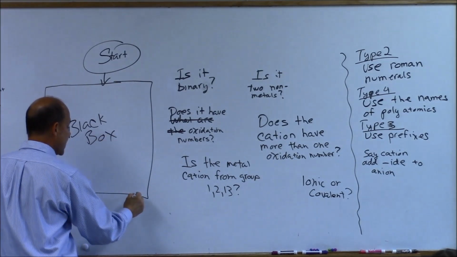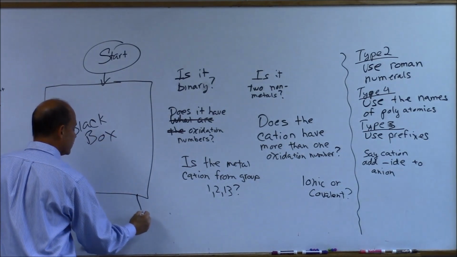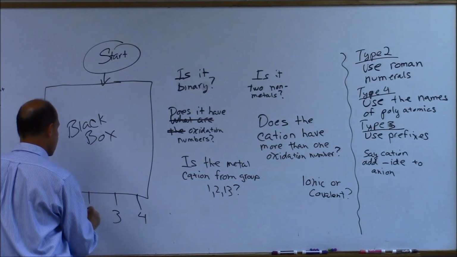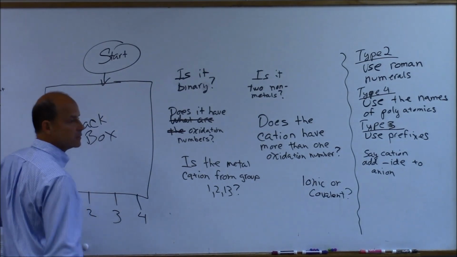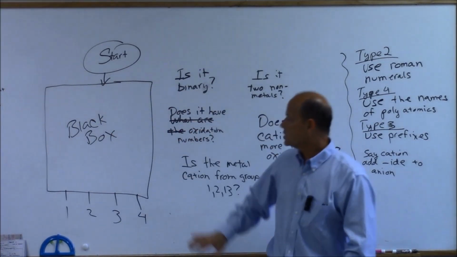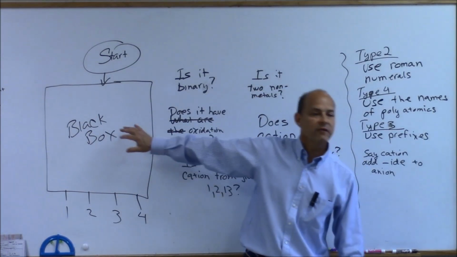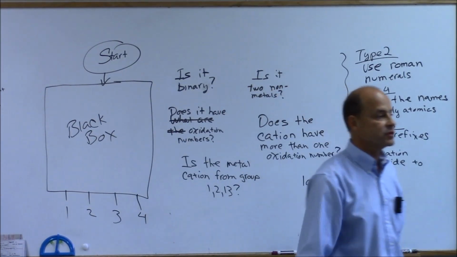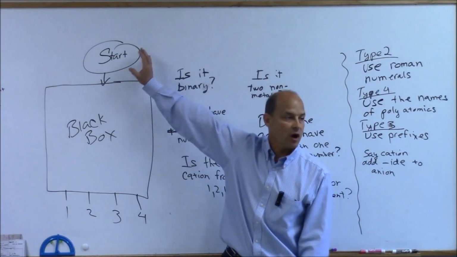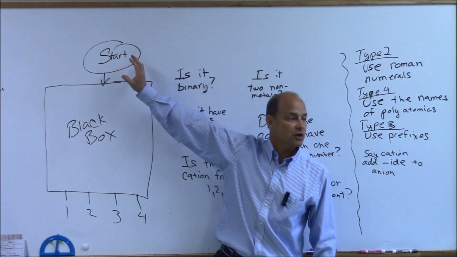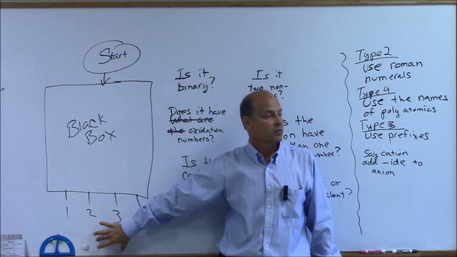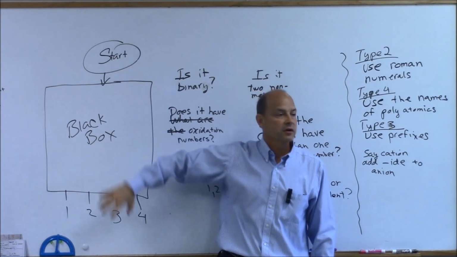And then out the other side, you've got type 4, 3, 2, 1. Okay? Your job, what goes in this black box? You ever heard about the black box approach to problem solving? You say, I know what I'm going to start with, and I know what I'm going to end with. How do I get from here to there?